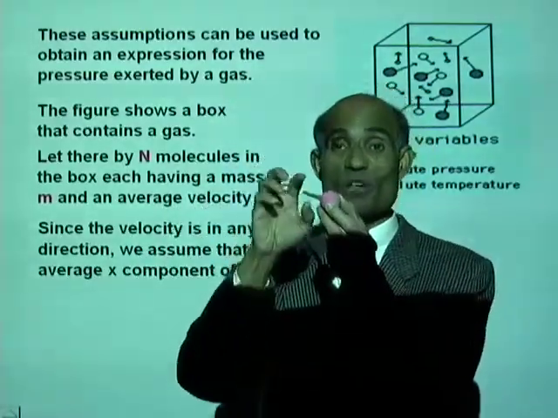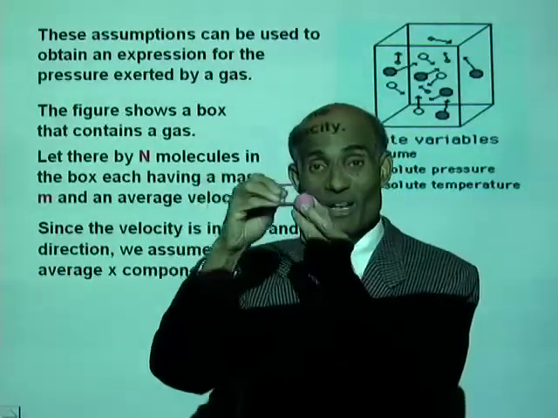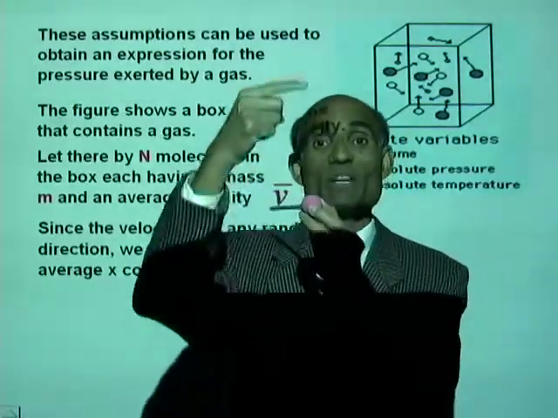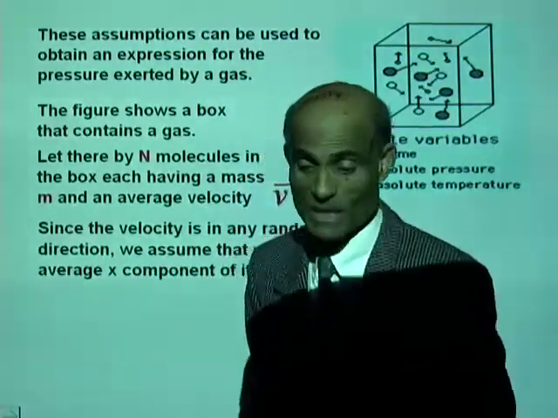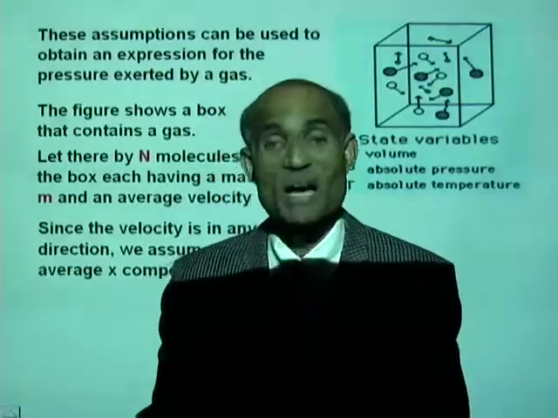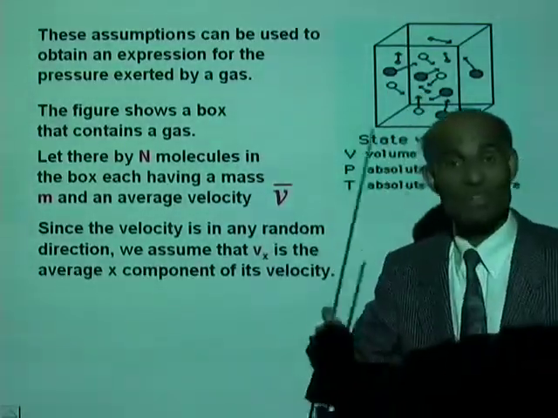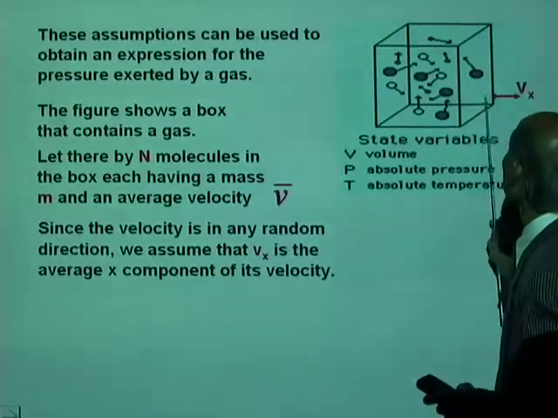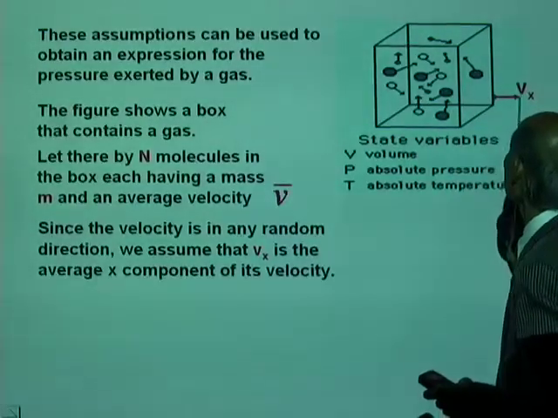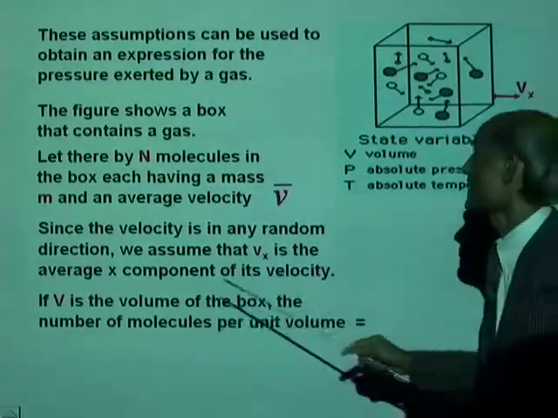So we are going to concentrate on the motion of this molecule in the x direction, and then we can take the y and z components later on, right? So let v sub x be the x component of this average velocity. Alright, so you got a molecule there, its velocity is v sub x.